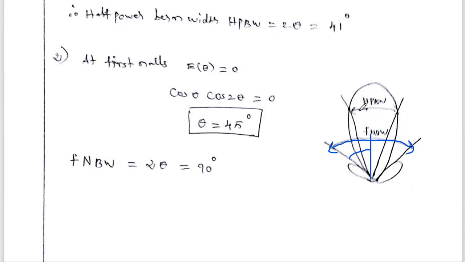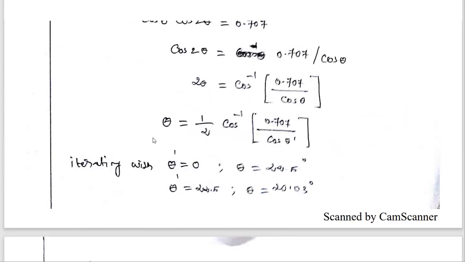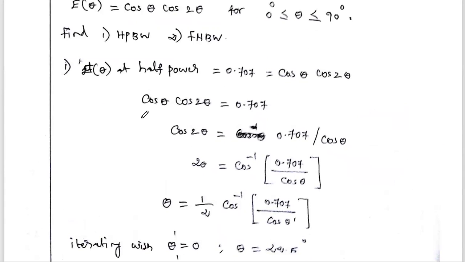That is for the half power point. For the half power calculation, we have to equate the E of theta value to 0.707 and find out the value of theta. If you double that theta, that is said to be the half power beamwidth.